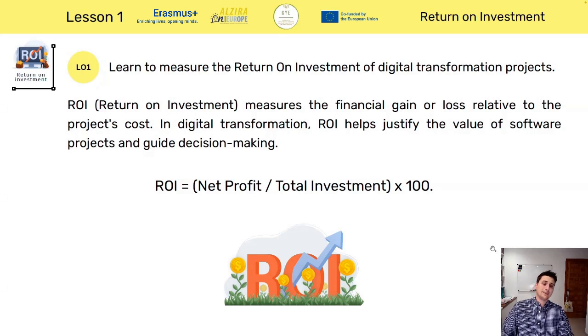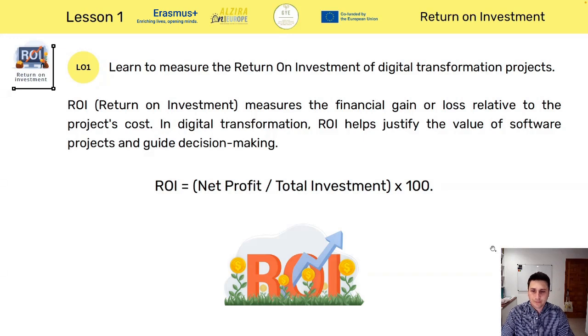Here in digital transformation, this metric helps us to understand which is the positive income or positive impact that the project is going to have in order to help shareholders or C-level or director board to decide whether to go for it or decline the investment.